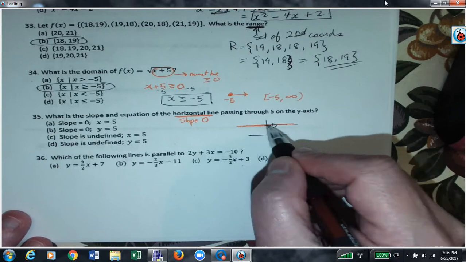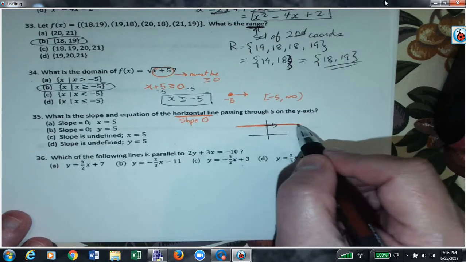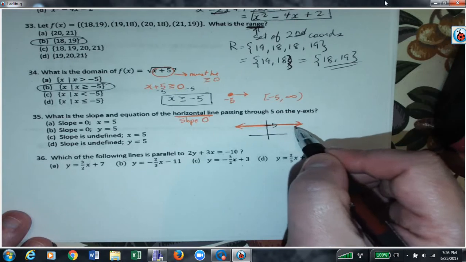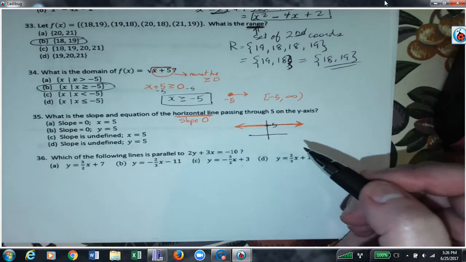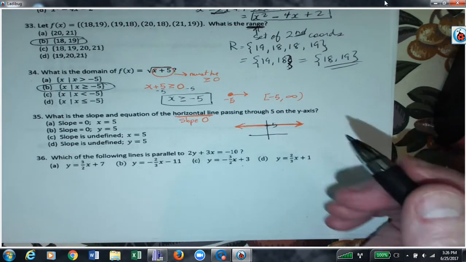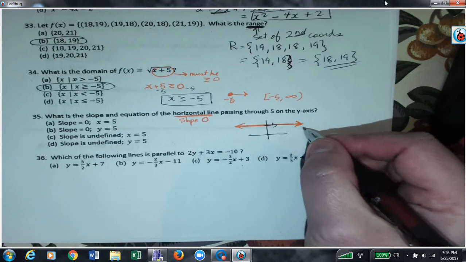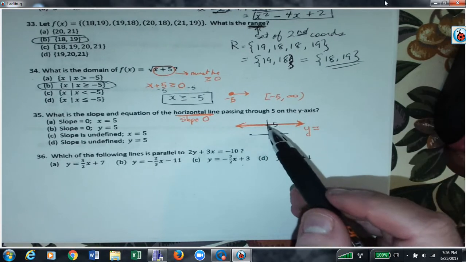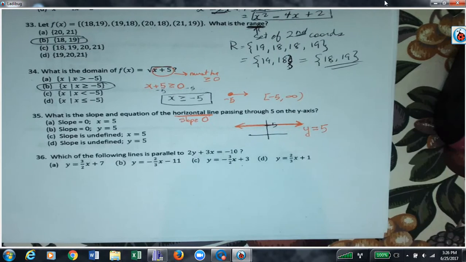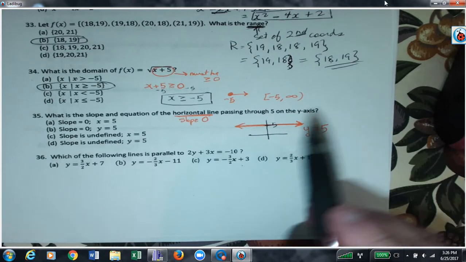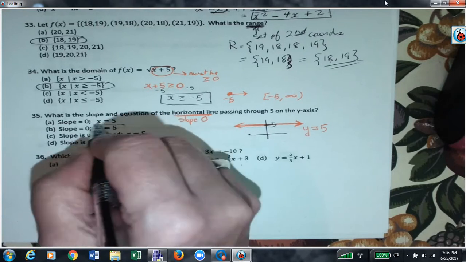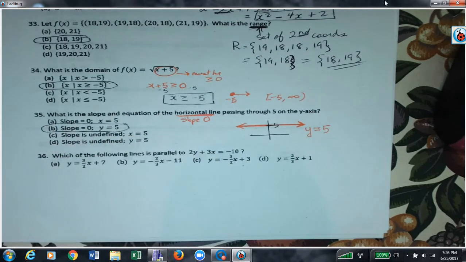This goes back to our video on vertical and horizontal lines. The line is horizontal, so it's always y equals wherever it passes through the y-axis. So the equation is y equals 5, and the slope is 0. So the answer to number 35 is B.